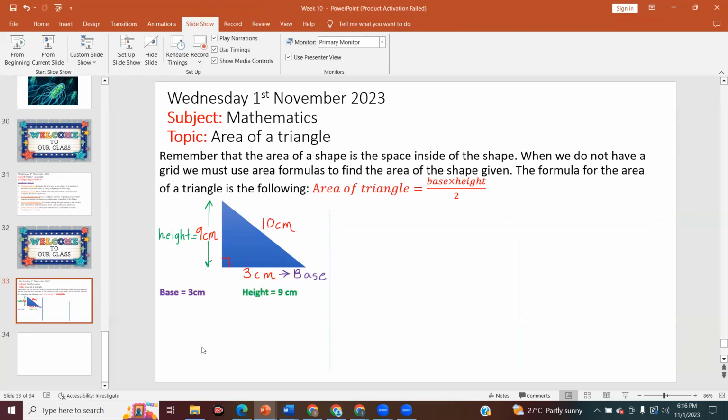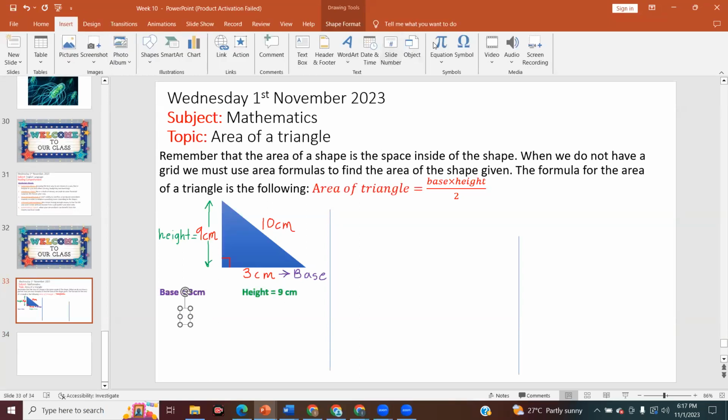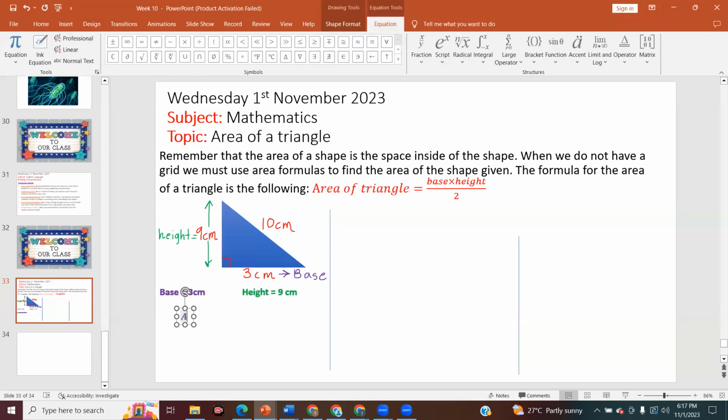All right, so the area of this triangle is going to be equal to what?